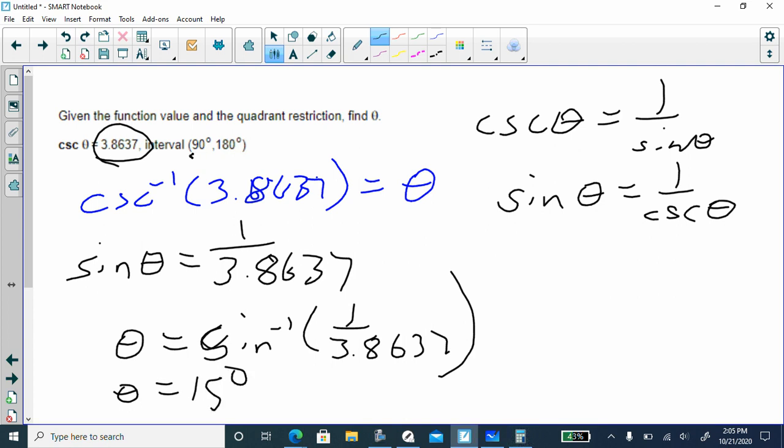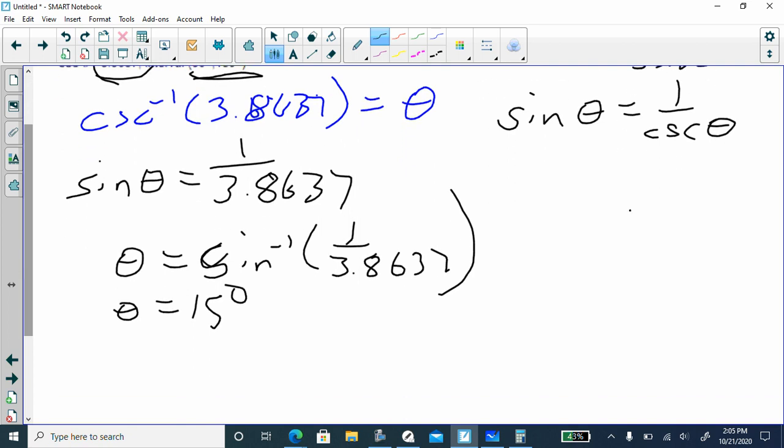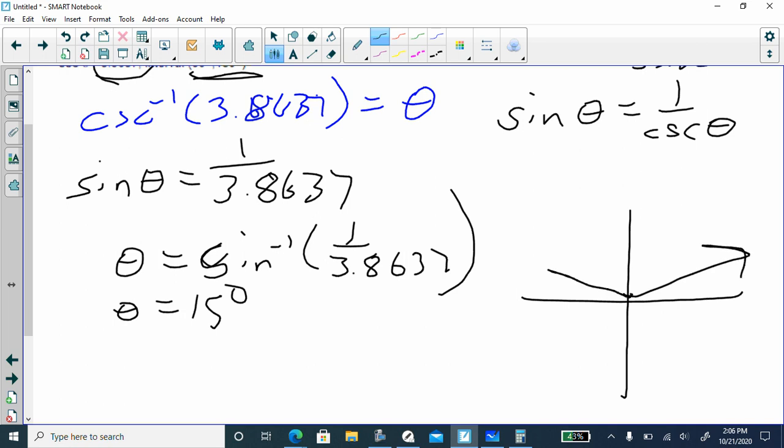But wait a minute, we're looking for an angle between 90 and 180. 15 degrees is in the first quadrant. So how can we get an angle in the second quadrant that's between 90 and 180? Well, first of all, is that possible?